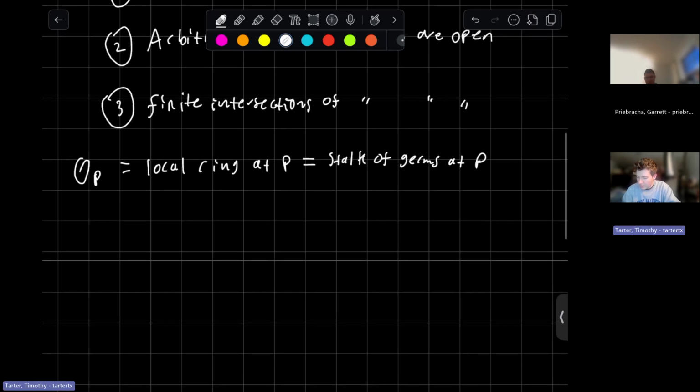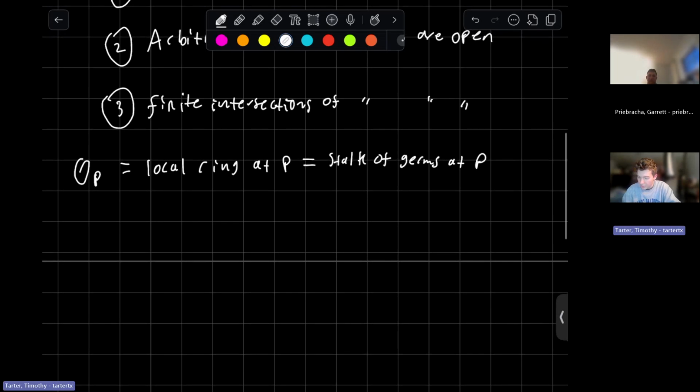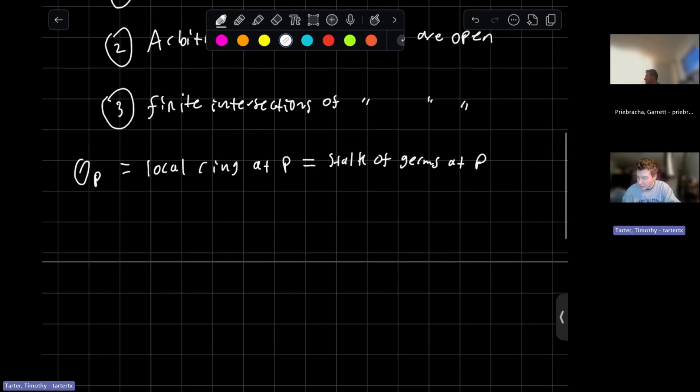Note that the stalk is a ring. You can add two germs and get another germ. If you have a function F, then you have function composition.